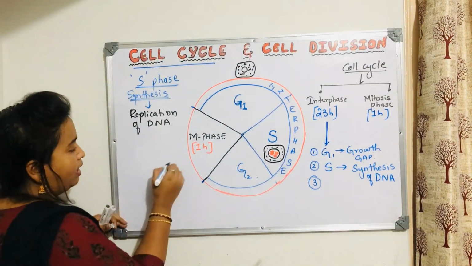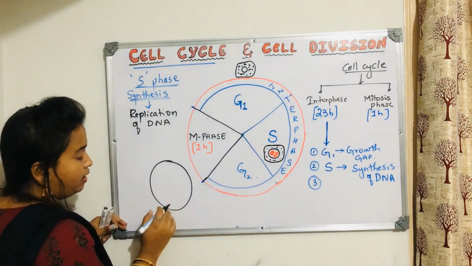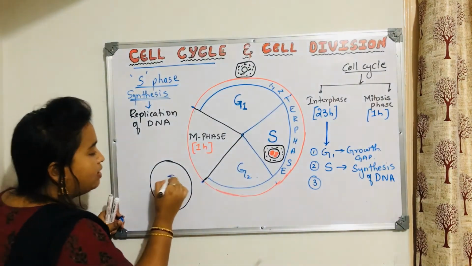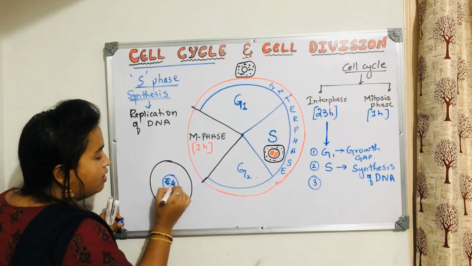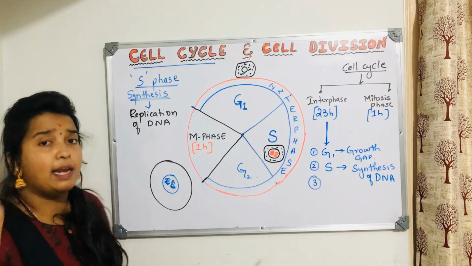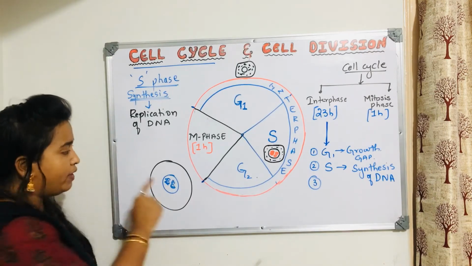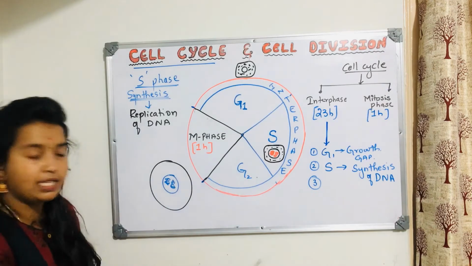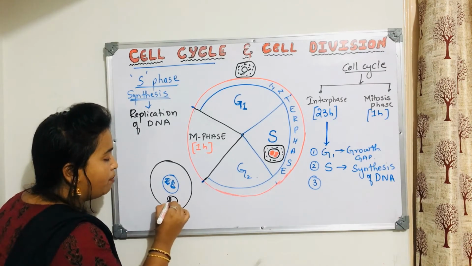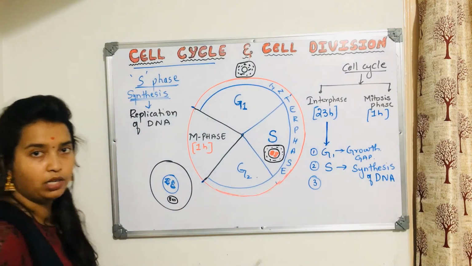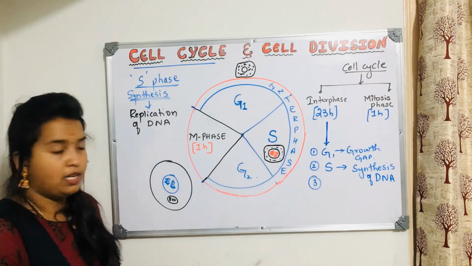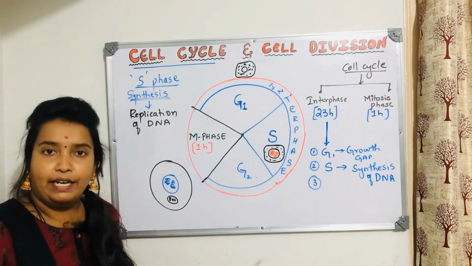Now what should happen actually? I'm explaining here. So this is the cell. In the synthesis phase everything is happening inside the nucleus, and inside the nucleus DNA replication is taking place. Along with that, in S phase, the centriole which was present near the nucleus in the centrosome, perpendicular to each other, as I told you already in the detailed explanation, will also divide into two.